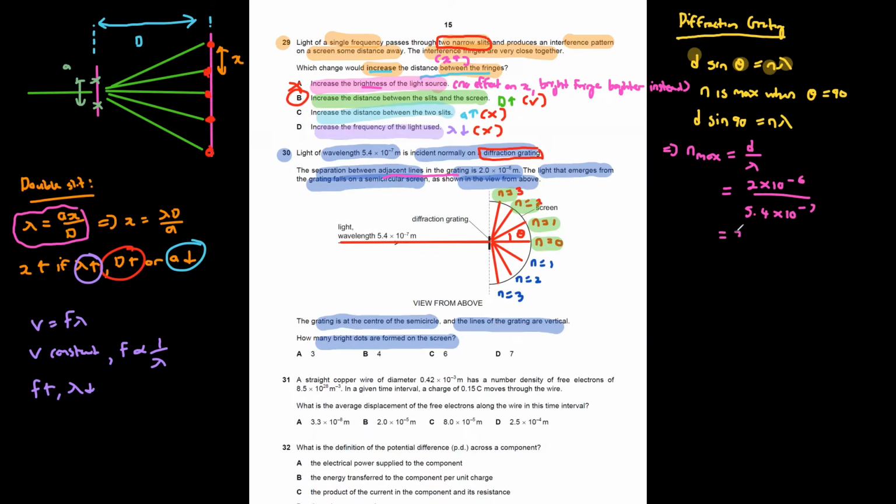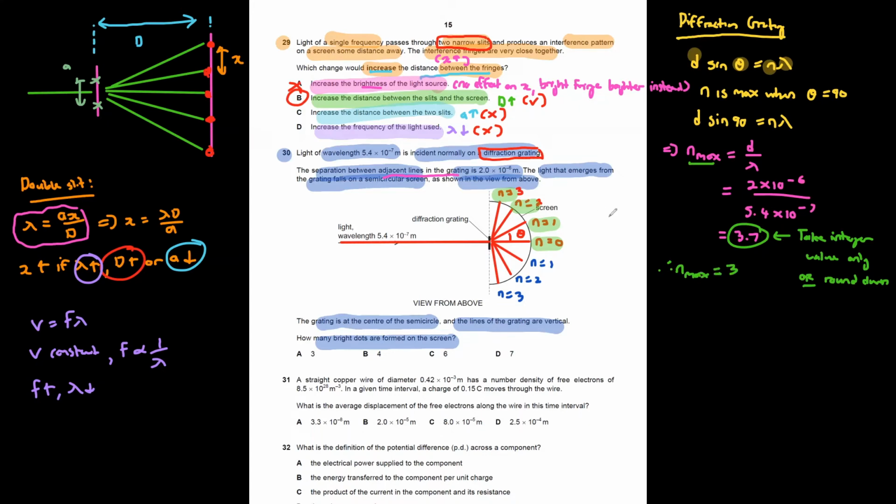You will eventually get 3.7. When finding the maximum order number for a diffraction grating, you either take the integer value only, or you round down. So your n max is 3.